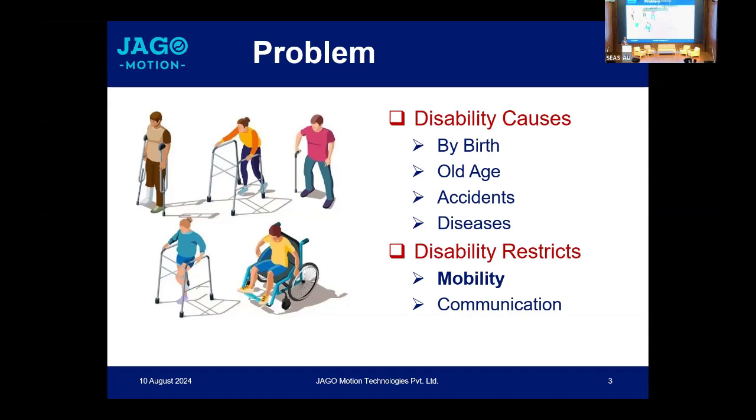Just to give you an idea on what disability is, I still want to touch on it. Disability can happen at birth, like cerebral palsy and different types of diseases with ears, eyes, or physical disabilities. Then old age, which everybody connects to. These days, diabetes and other reasons are becoming very prominent.